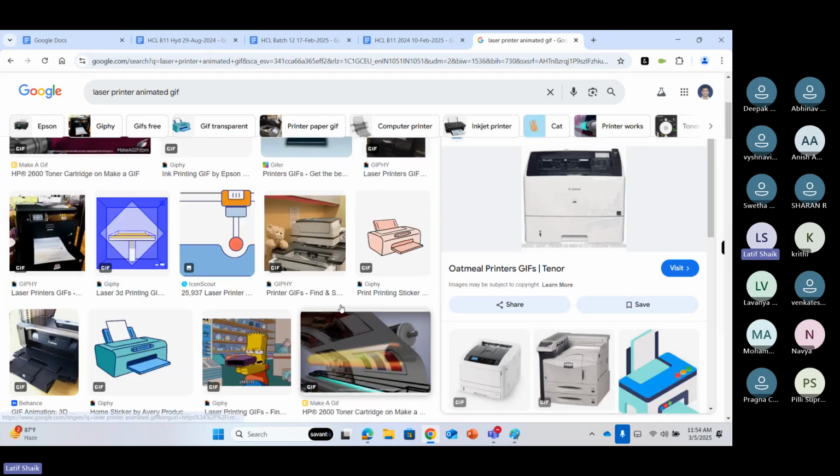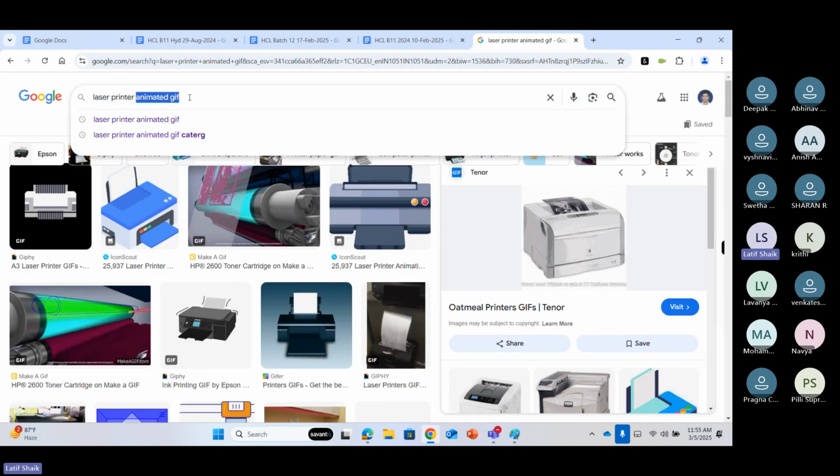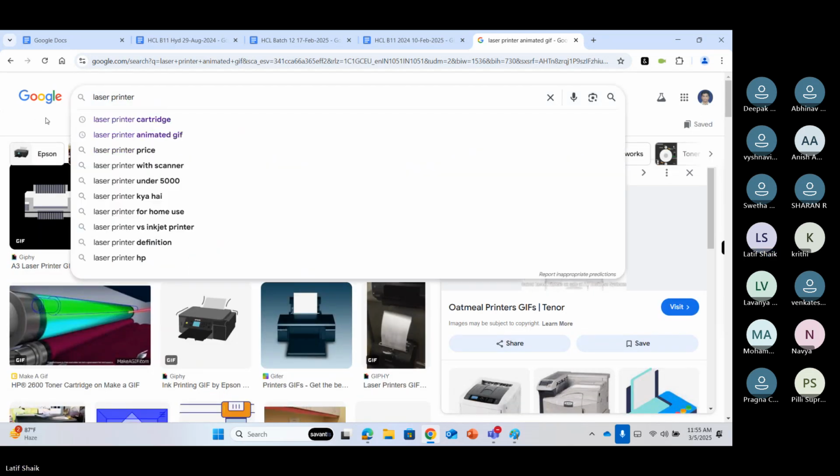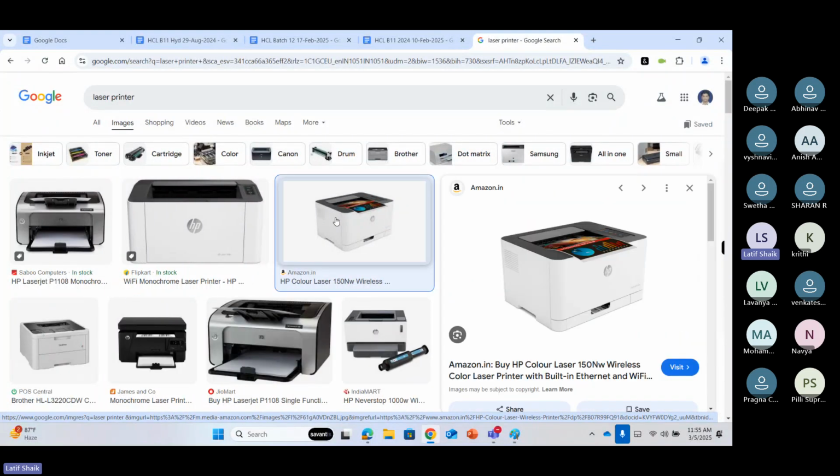Generally the cost of a printer is higher, but the per print cost is lesser. Mainly monochrome, single function printers are available. Of course, color-based printers are also available.